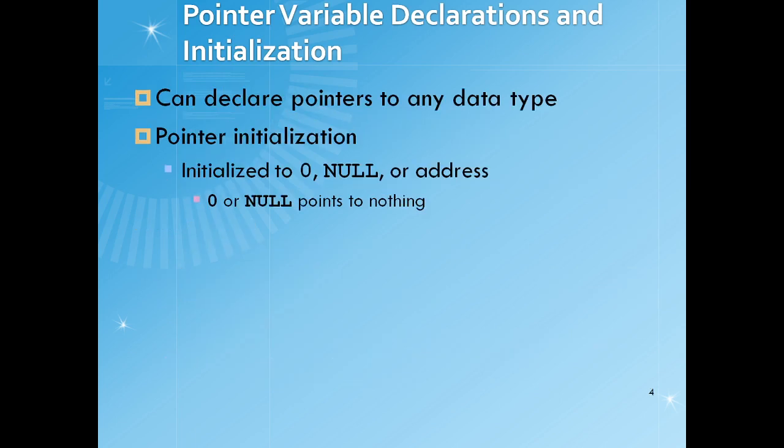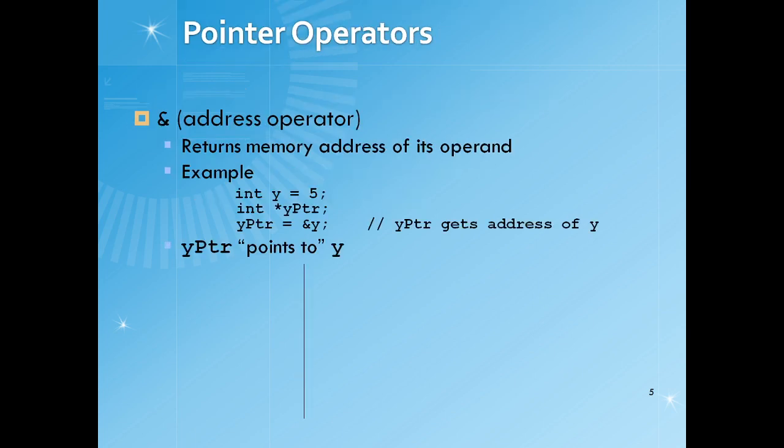And then a pointer, if you don't initialize it, will be initialized as null or zero by default. And here's an example. In turn, the pointer has an address.